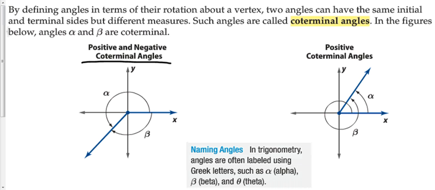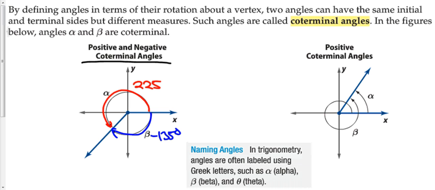So if we look at alpha there, halfway around the circle is 180, and it looks like it goes about halfway in the next quadrant. So that's going to be 180 and about 45. So this angle right here is going to be 225. Now if I were to measure it the other way, since I'm going clockwise, beta is going to be negative, and that one looks like it's going to be about negative 135.